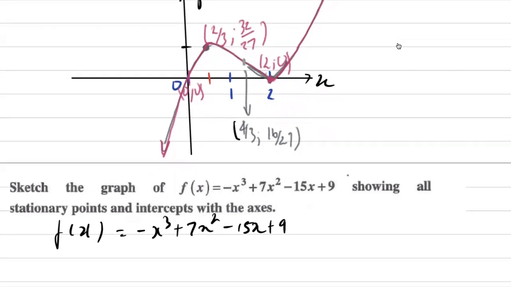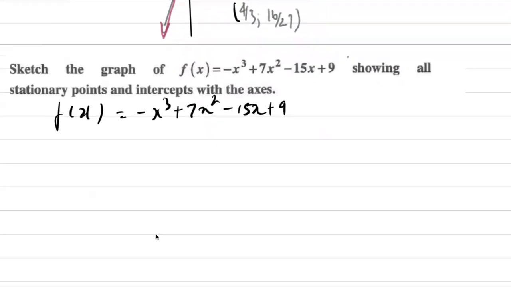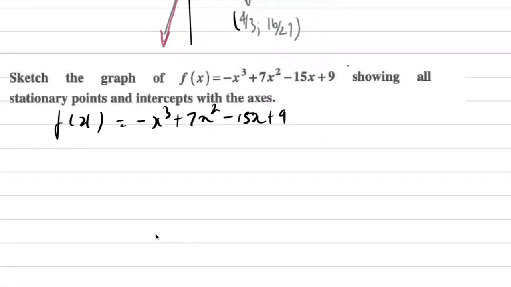I'm sure you have the picture in your head. Okay, so I think we can go ahead and sketch it. Let's just find the stationary points first. After finding them, you tell me you're done, and I'm also going to try to find the stationary points, so we can see if they line up.